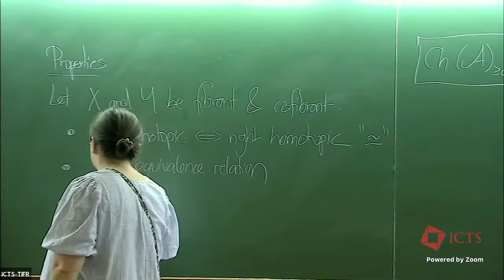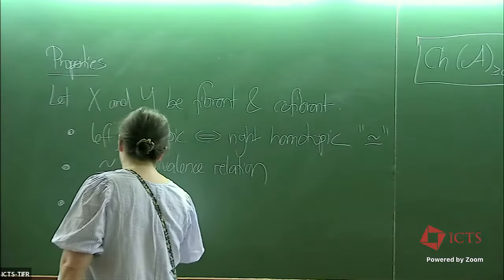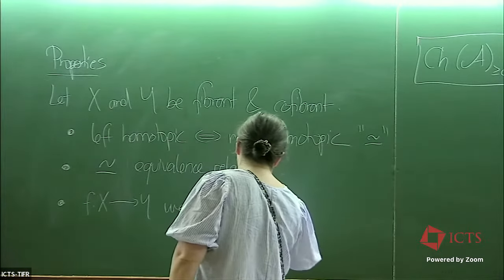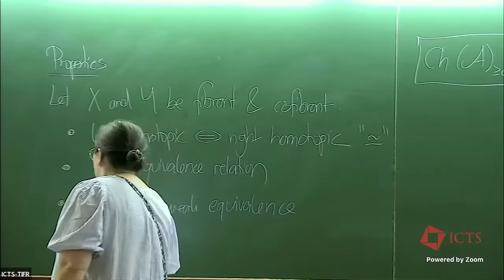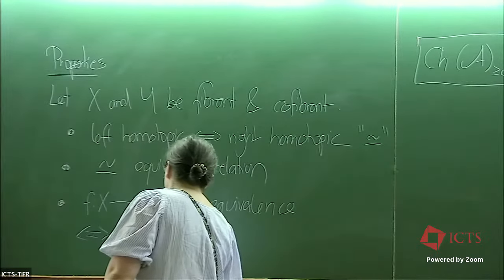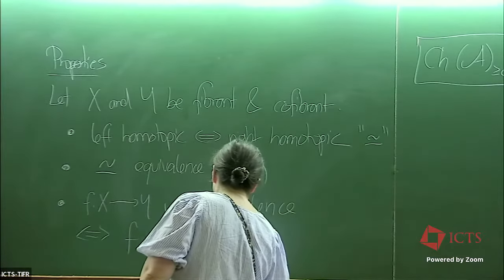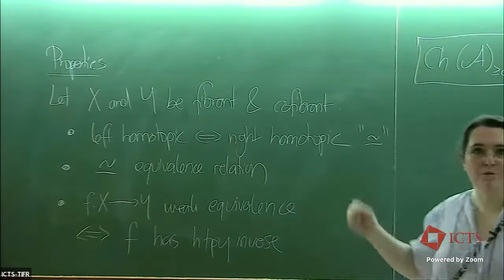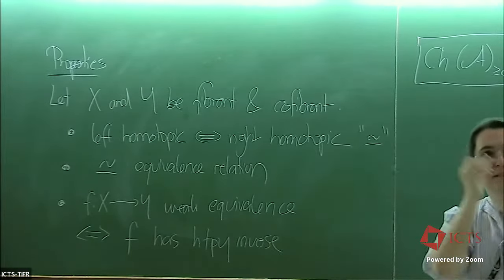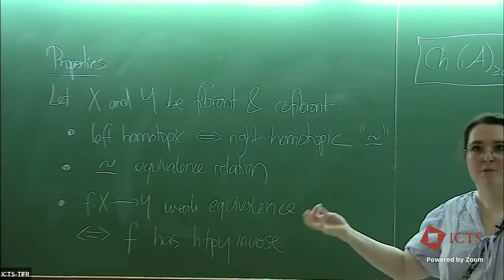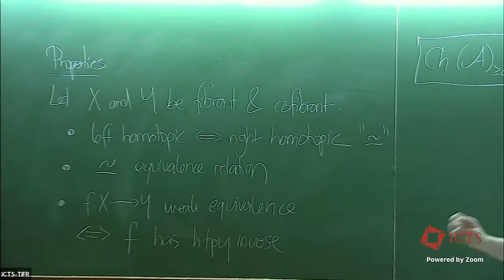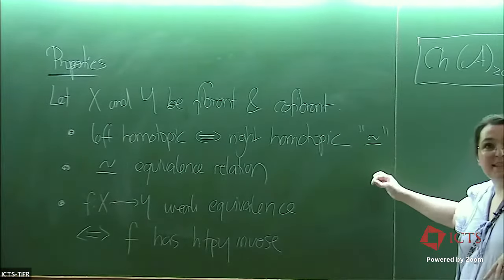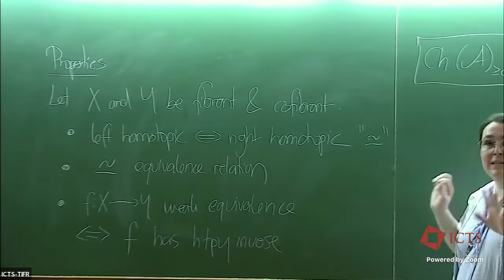A map is a weak equivalence if and only if it has a homotopy inverse in the classical sense that there is a morphism in the other direction such that the composites, the respective composites, are homotopic to the respective identities with that definition. And the beauty of this is you only need those axioms.